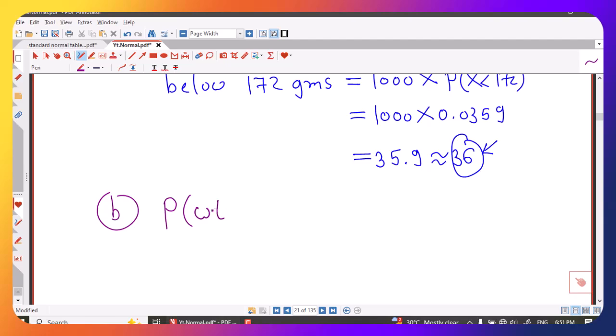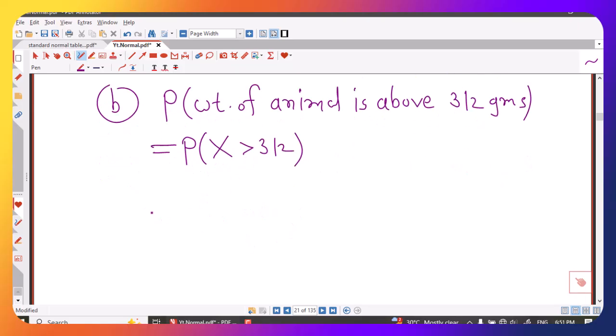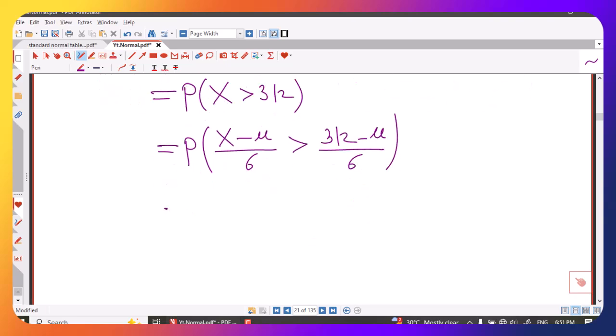Probability that weight of animal is above 312 grams, that we can write that capital X is greater than 312 grams. Again we have to standardize, so for that we subtract mean on both sides and we divide by standard deviation on both sides. X minus mu over sigma is z.